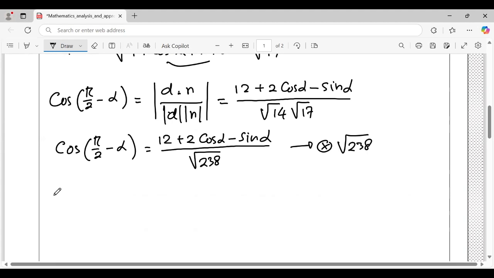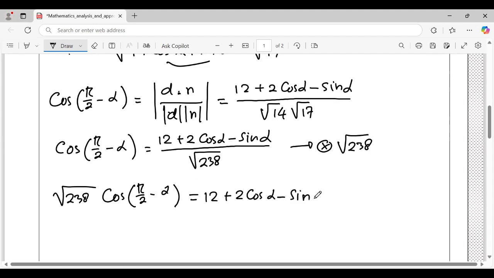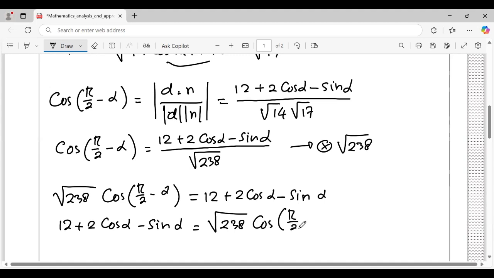So it's going to be square root 238 cosine of pi half minus alpha equals 12 plus 2 cosine alpha minus sine alpha, like this.